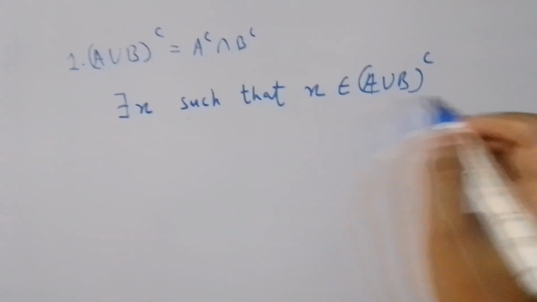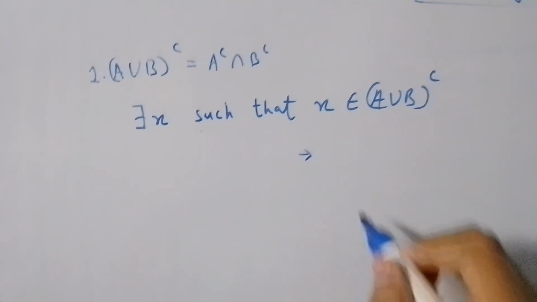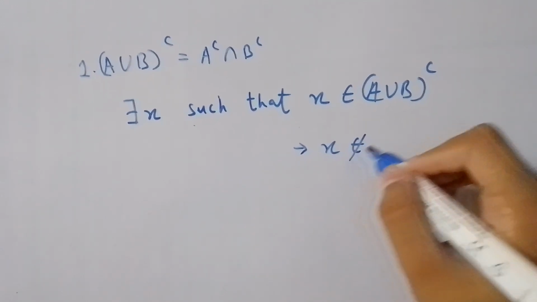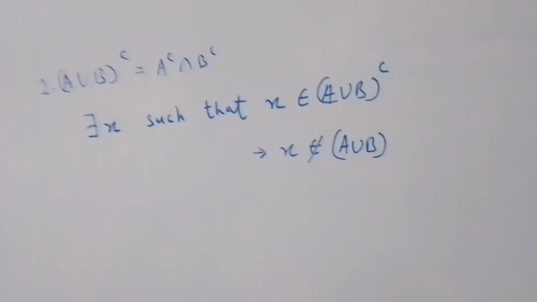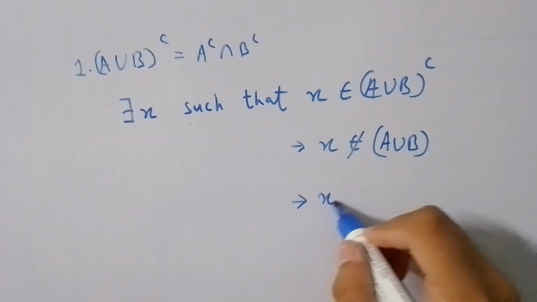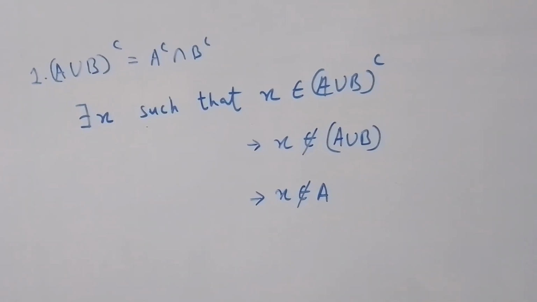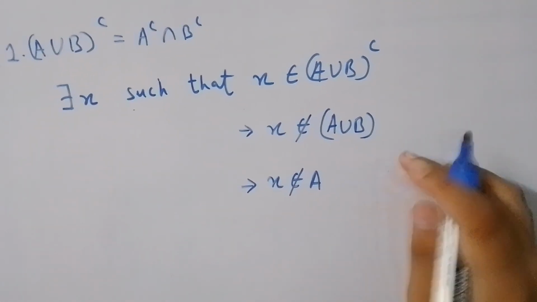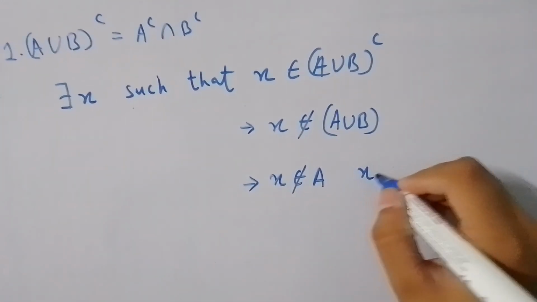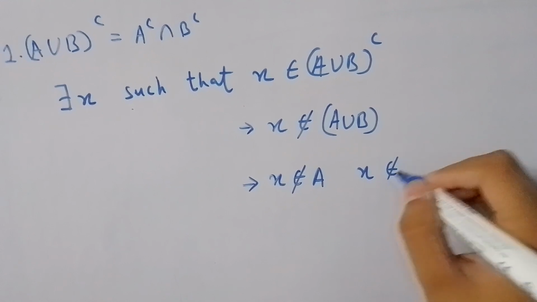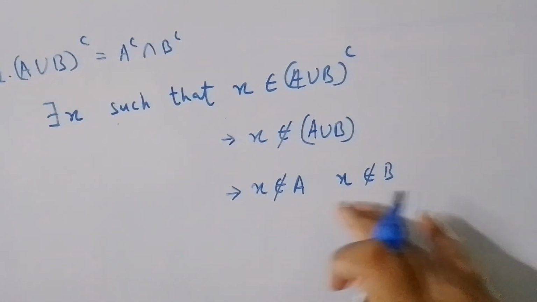Now by this statement we can say that X does not belong to A union B. With this we can say X will neither belong to A nor to B, and so X does not belong to B. Now what will be the connective between these two?